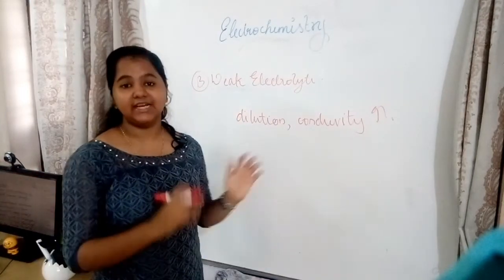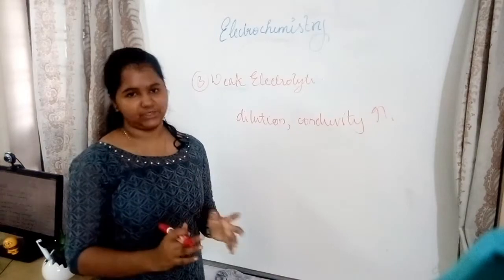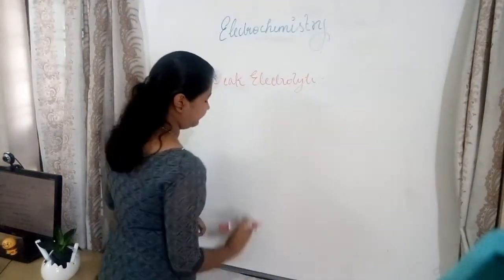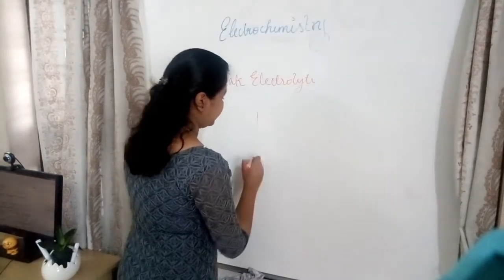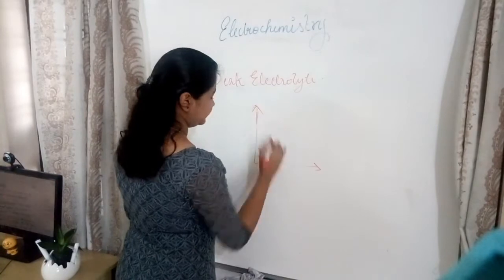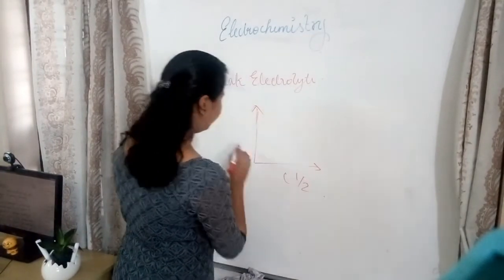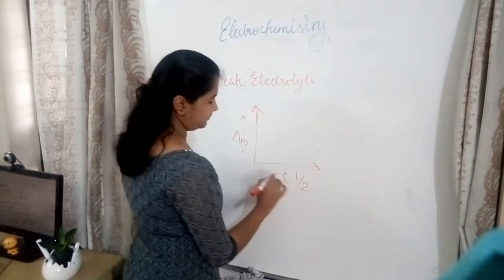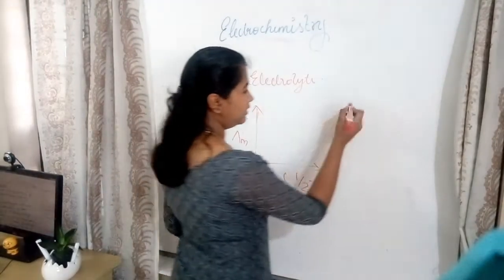So let us see the graph of the weak electrolyte. Let's plot the graph. The same C half is over here, and lambda M is over here. What is our equation?